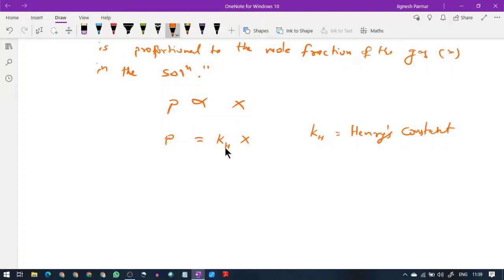Solubility is always decreasing when you increase the temperature, which we have already studied. I also explained why, during the winter season or any season, aquatic animals go deeper: because it is cooler there and the dissolution of gases is more.